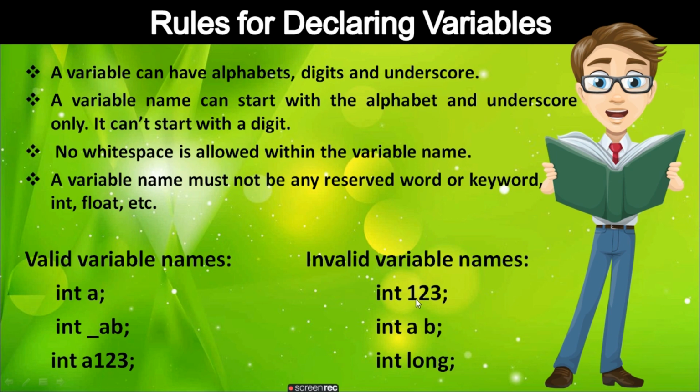Here we have the first character as a digit, so it is invalid. Similarly, I cannot put a space between the two words, and I cannot refer to the keyword long. Long is a keyword. I cannot use any keyword or reserved word of a language as a variable, so it is also invalid.